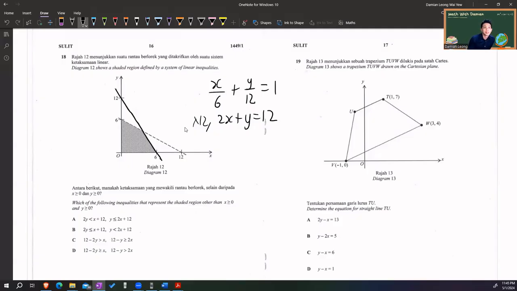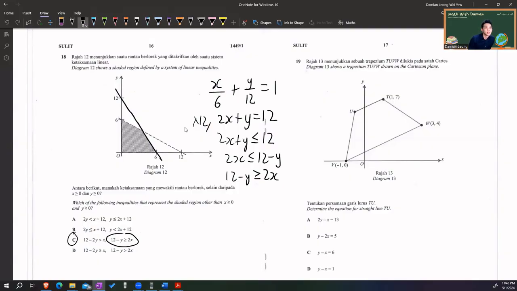This below means less or equals, 2x plus y less or equals 12. I can change to this form. If I bring over the y, 2x less or equals 12 minus y, means 12 minus y more or equals 2x, which shows this one is correct. So answer must be C.